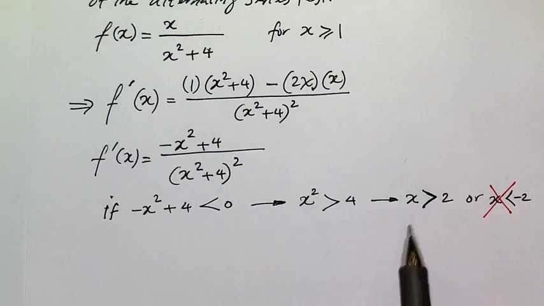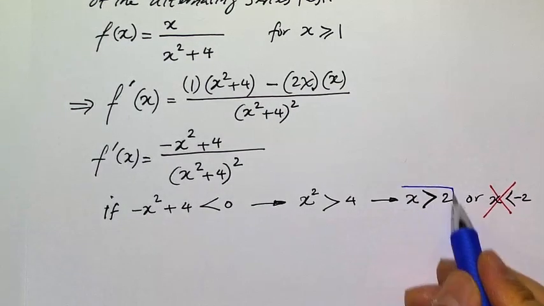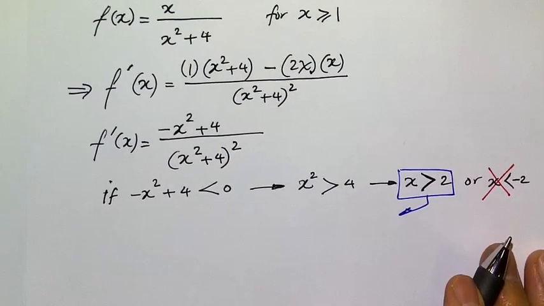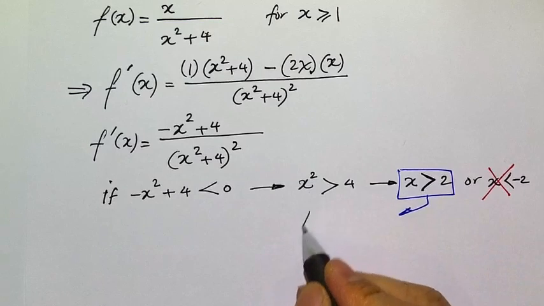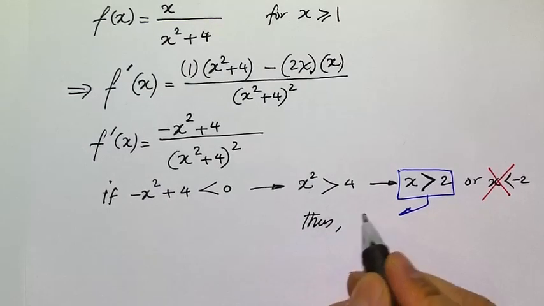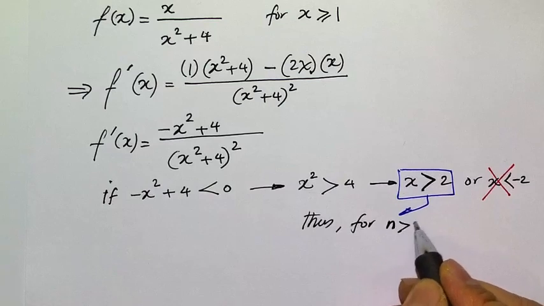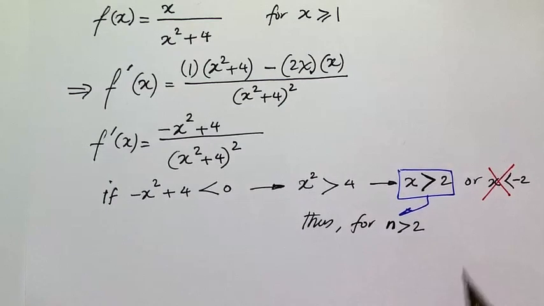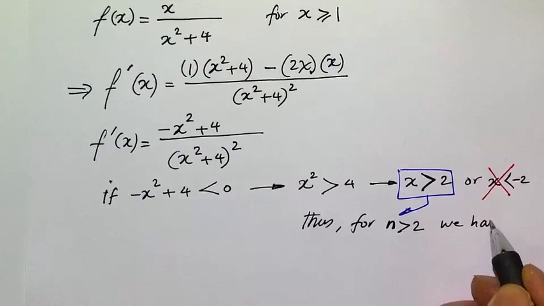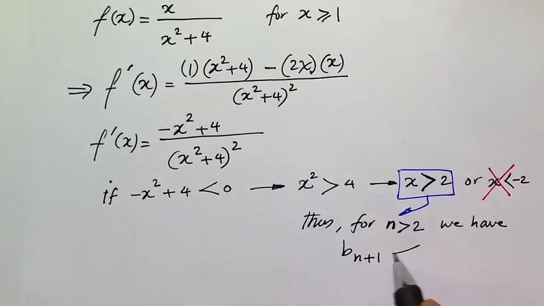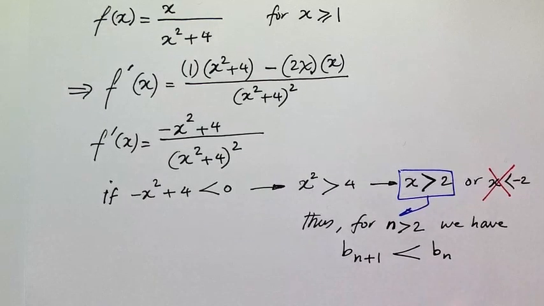Because of that, for n greater than 2, we can say that the bn's are decreasing. bn plus 1 will always be less than bn.